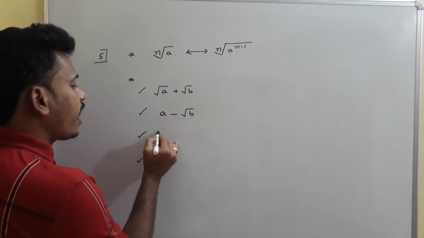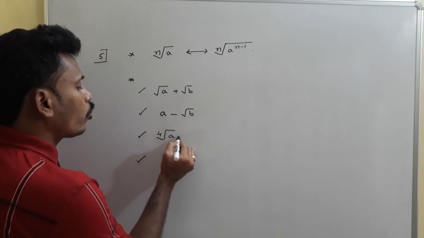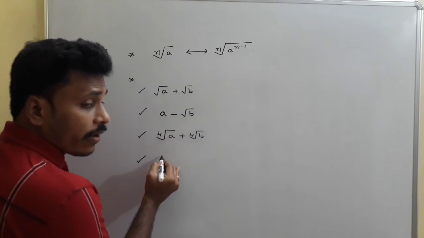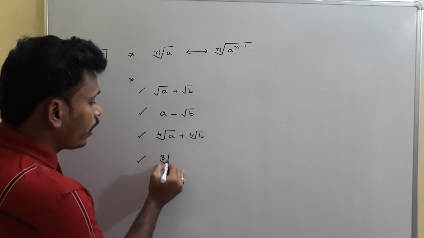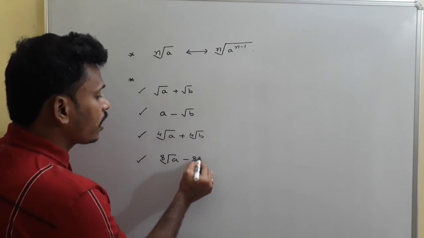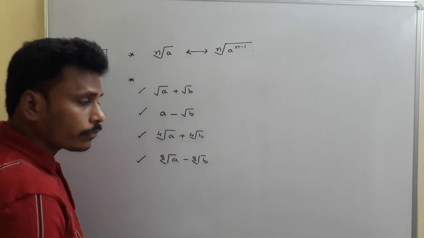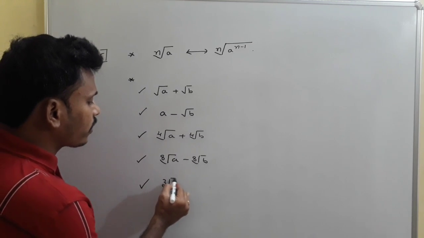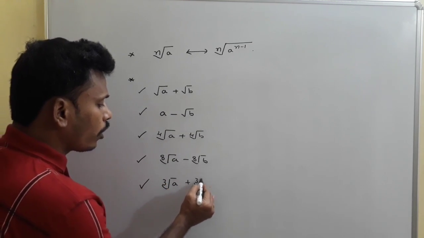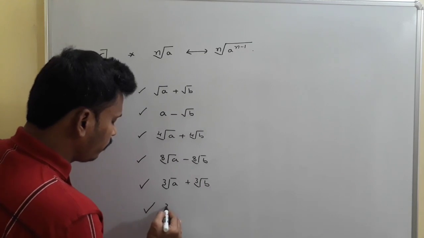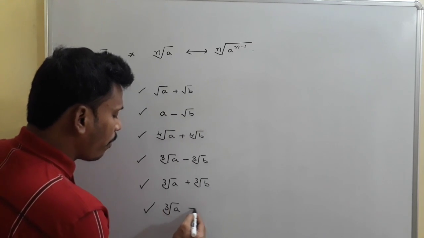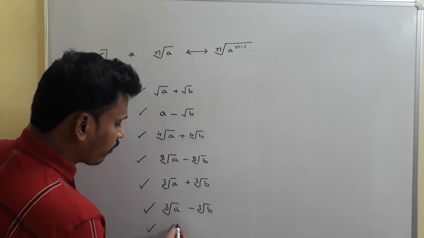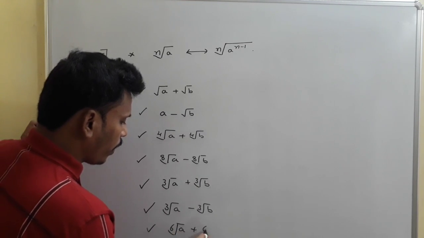What is the rationalizing factor for fourth root a plus fourth root b? In the same way, the rationalizing factor for eighth root a minus eighth root b. Then I will give you the rationalizing factor for cube root a plus cube root b and cube root a minus cube root b, along with the rationalizing factor for sixth root a plus sixth root b.